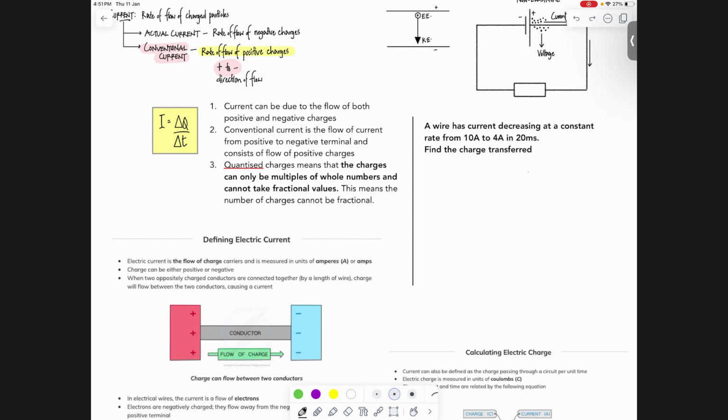Who got 300? How do you get 300? Under no parameter do we get 300 here. You can get 300 if you use the wrong formula, Q equals I by T. If you use the wrong equation, you might get 300, I think.